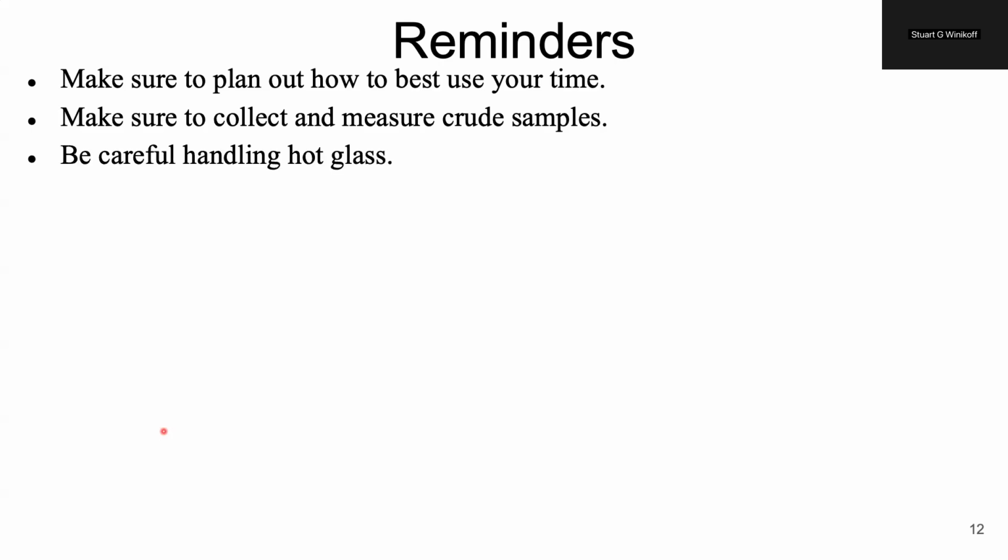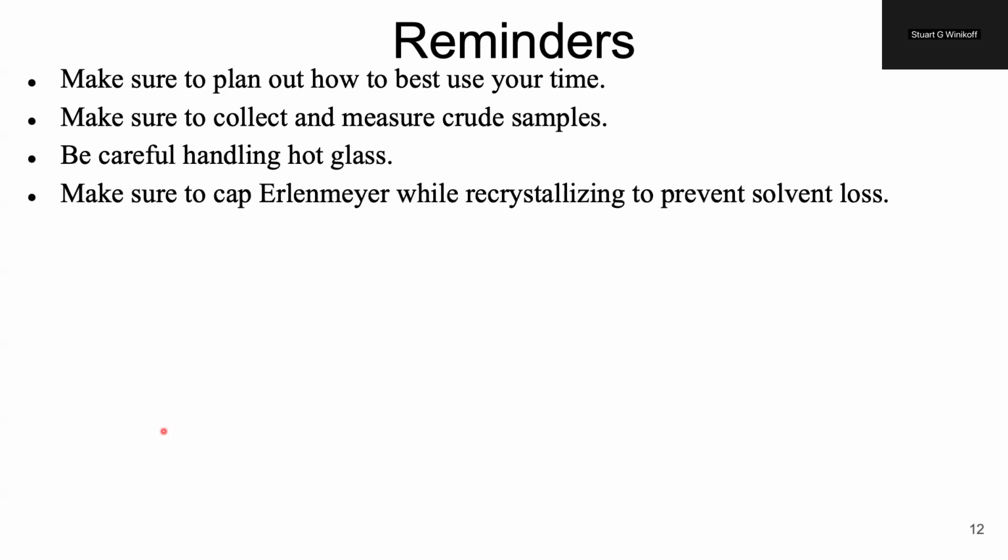Now, again, we're playing around with a lot of hot systems, and especially this time, playing with Bunsen burners, both to seal our melting point tubes and for the recrystallization. So watch out when handling the heat. Also, you're going to want to make sure to cap your Erlenmeyer during your recrystallization to prevent any solvent loss.